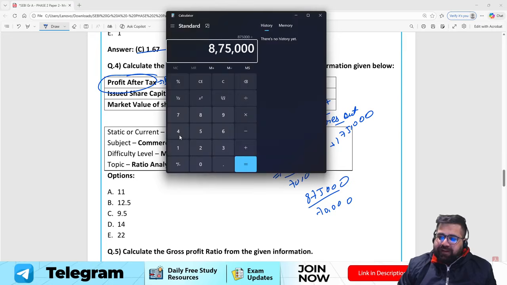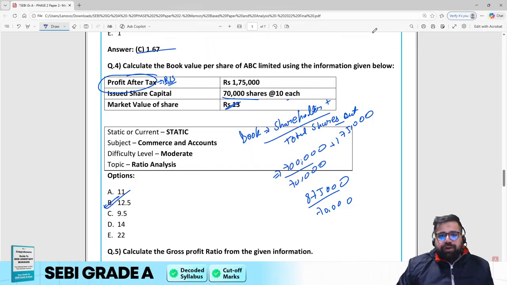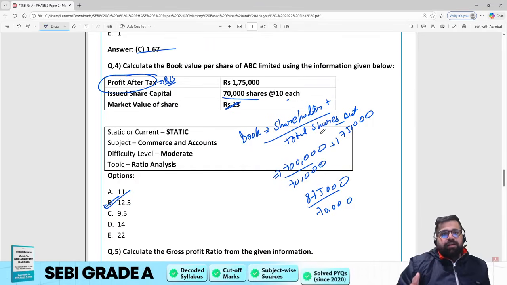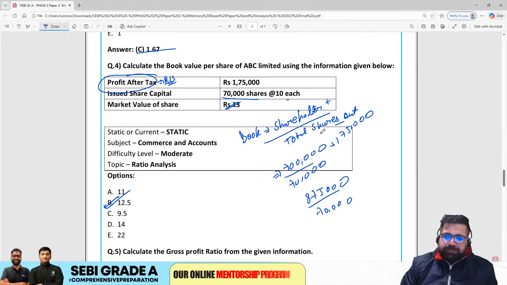So 875 divided by the total number of shares, 70. My answer is coming out as option B, which is 12.5, right? I hope you would have also solved it. But yes, my assumption was that profit after tax will be transferred to reserves and surplus. Cool. So this is my question number 4.